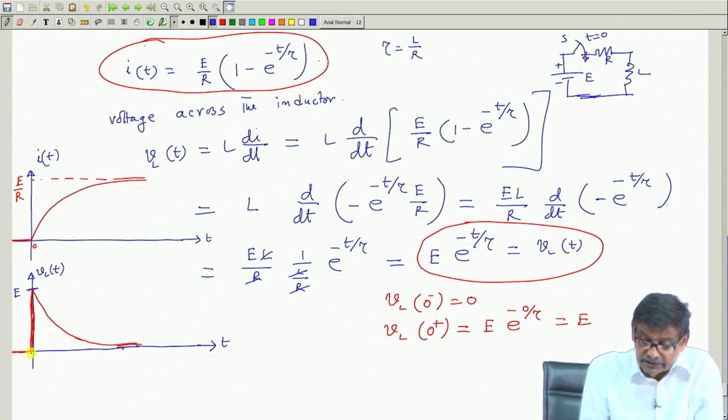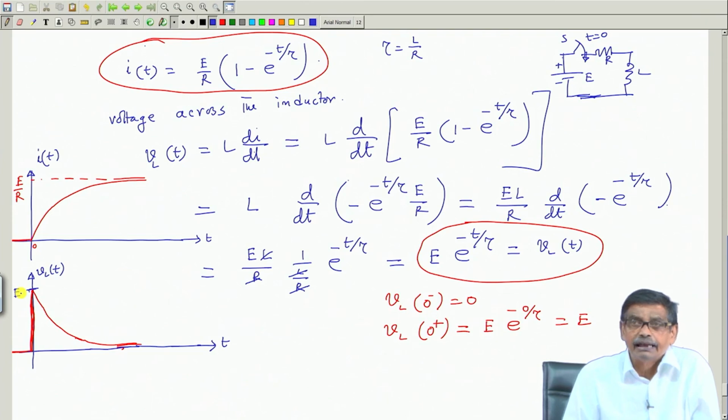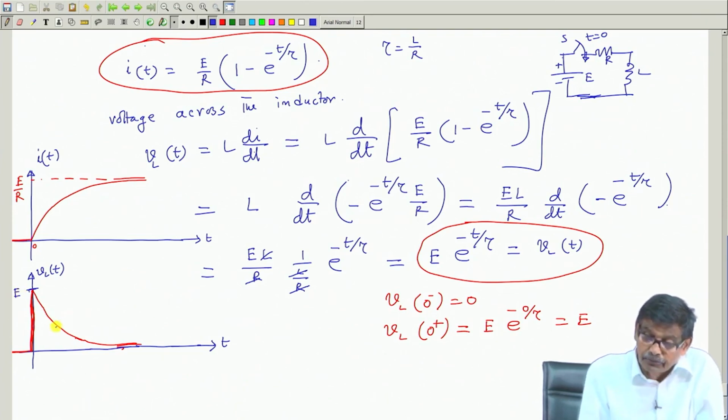Voltage across the inductor at t equal to 0 minus was 0, but at t equal to 0 plus it has gone up to E. So, the voltage across the inductor can have a step jump, no problem, it will grow up. And the equation of this is once again E into e to the power minus t by tau.